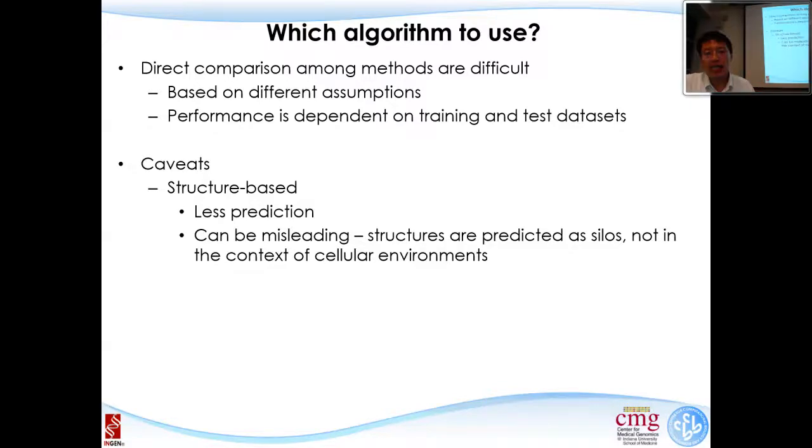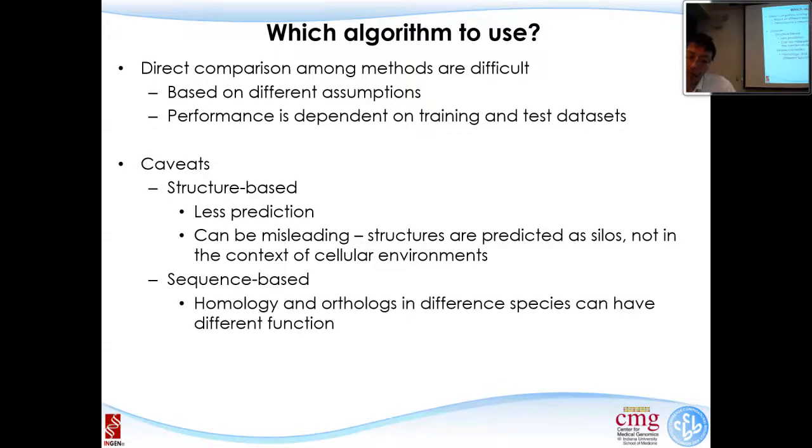And also, sometimes it can be misleading because the structures are predicted as silos. Normally it's not what the real structure is in the physiological condition. It's what happens in the tube, and so it's unclear whether they fully represent what happens inside the cell. So that is the caveats of the structure-based study.